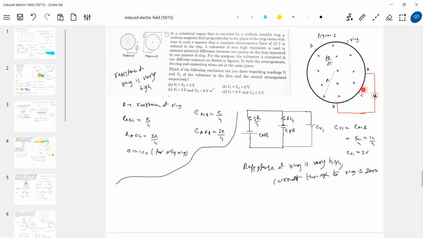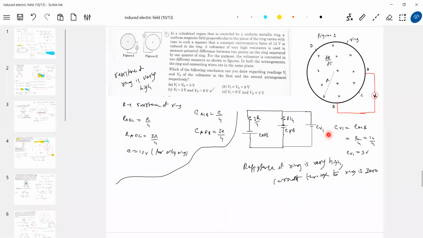Later on, mathematically, you write that this voltage should be equal to this. Talk in terms of the EMF induced in the loop. No EMF here, the net EMF will be 0. Here the net EMF is non-zero. So whatever EMF is induced in this, equal and opposite should be in this.